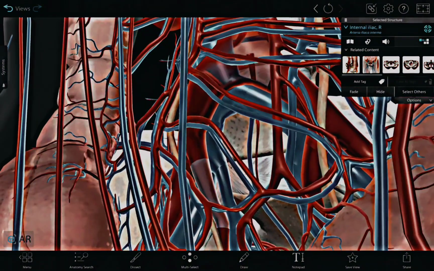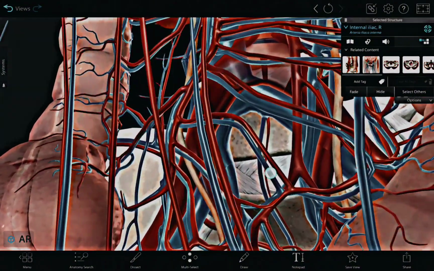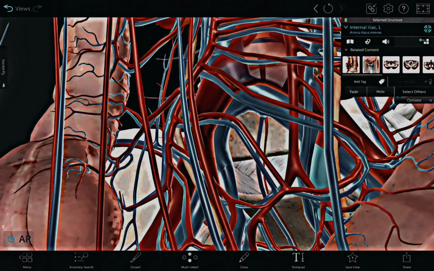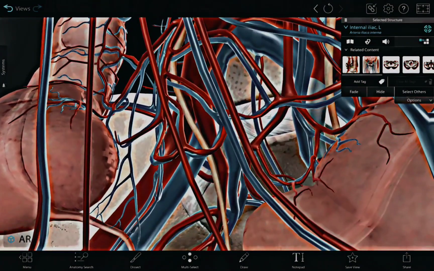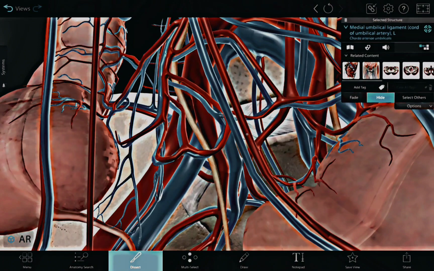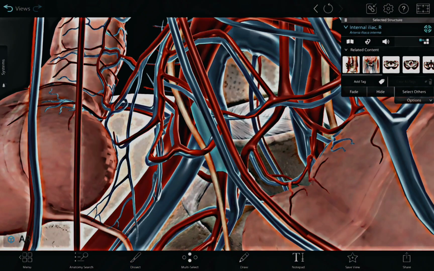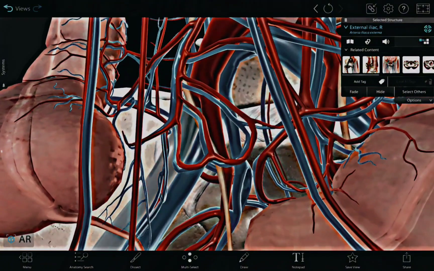Now you can see this is the internal iliac artery, here and even here. Let me dissect this. Yes, see, internal iliac. And this is the external iliac.